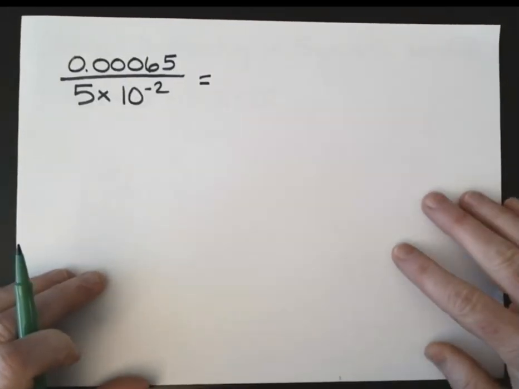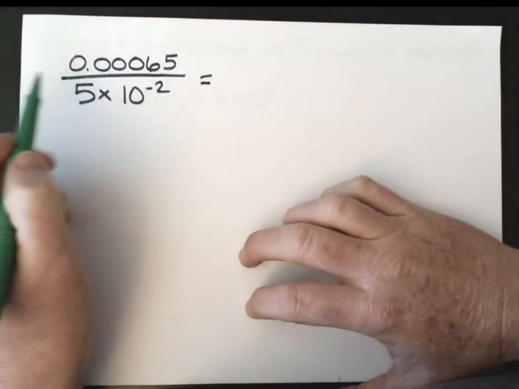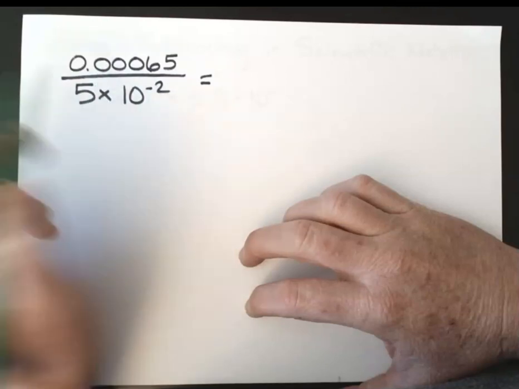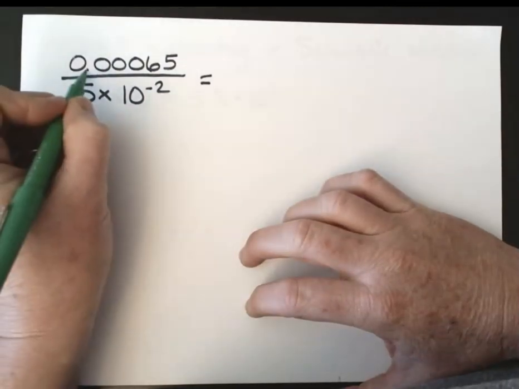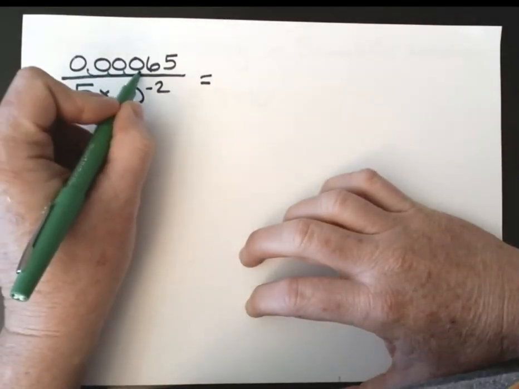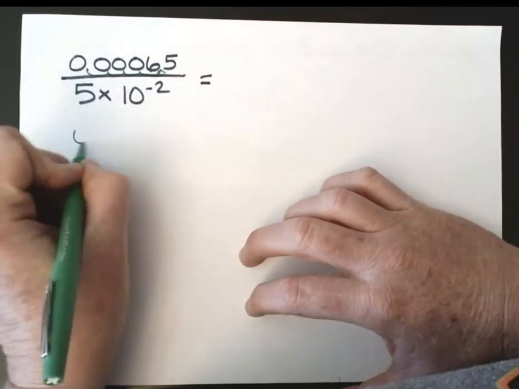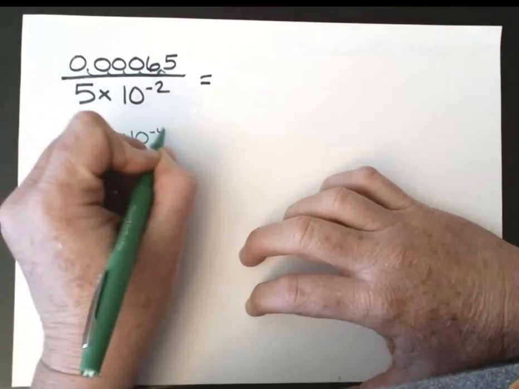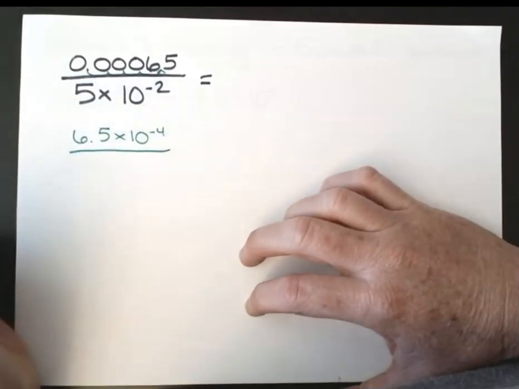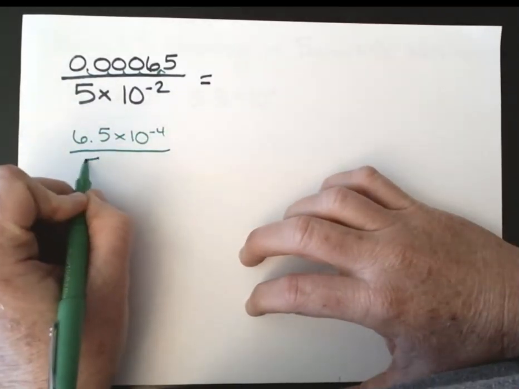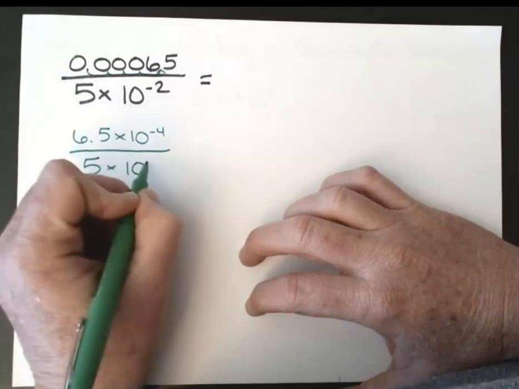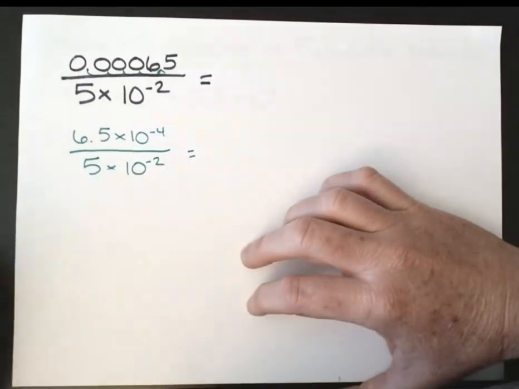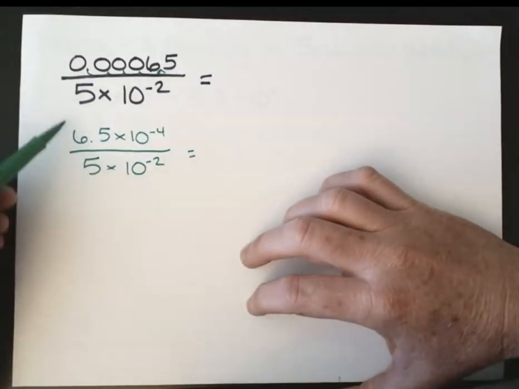Now we have division. Again, I'm going to rewrite this in scientific notation, so they're both in the same type of format. So I'm going to move this 1, 2, 3, 4 places. 6.5 times 10 to the negative fourth. And on the bottom, I've got 5 times 10 to the negative 2 power. So again, I'm going to go ahead and divide.